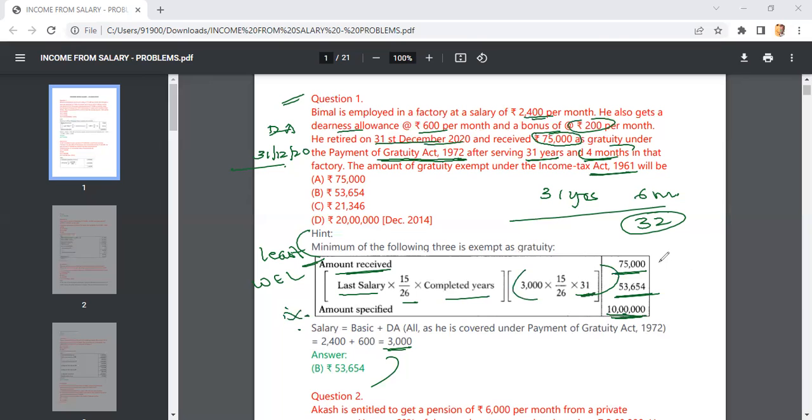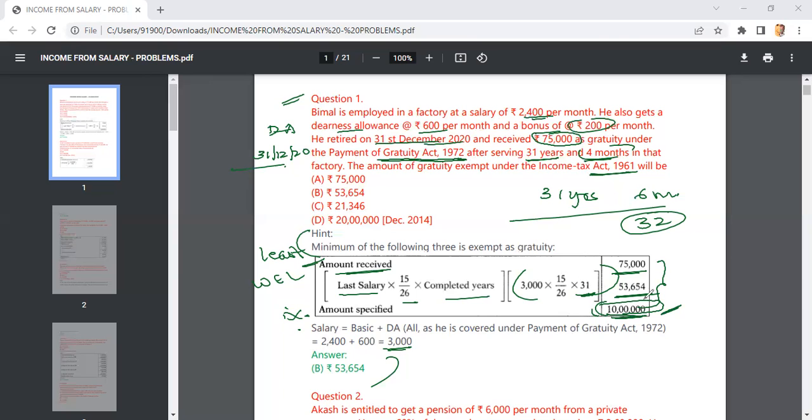Irrespective of whatever gratuity he receives and whatever the last drawn salary, this is the fixed amount: 10 lakh if he is covered under the Gratuity Act, and 20 lakh if he is not covered.